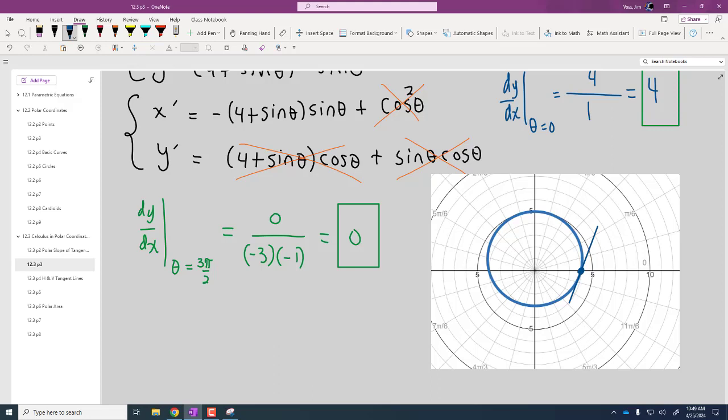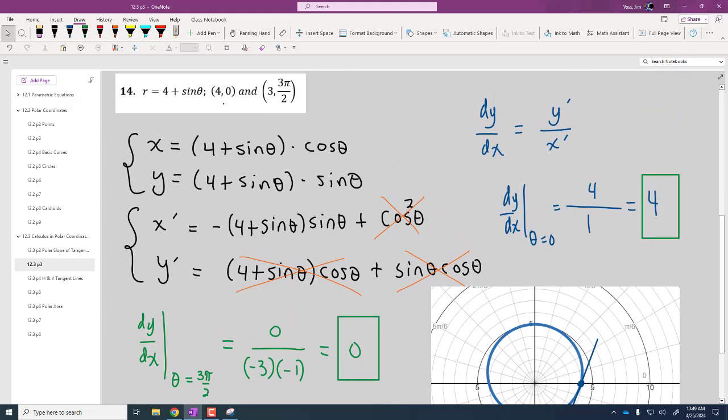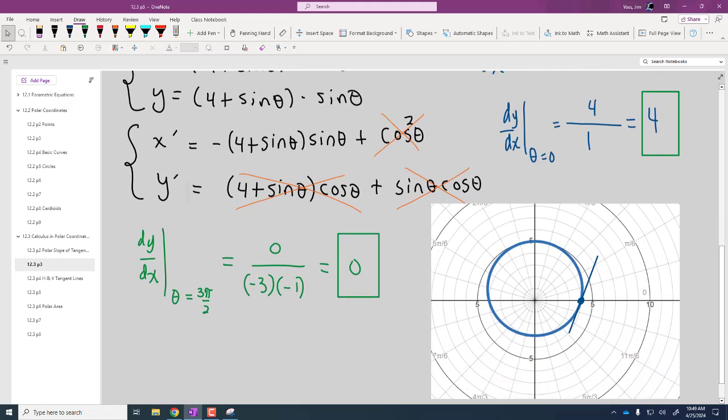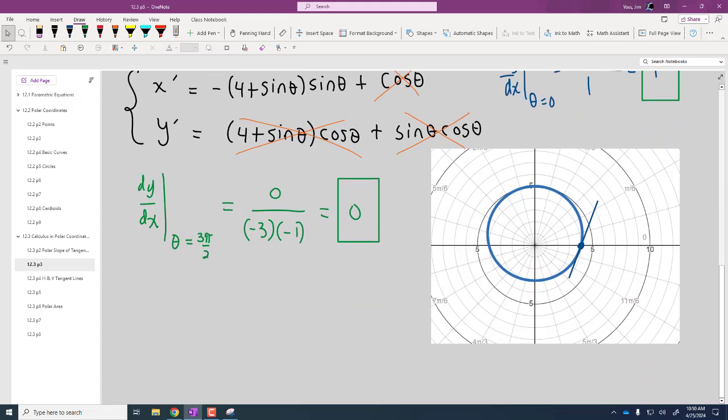So that makes sense. Second point is at 3 pi over 2, and then r of value of 3. So 3 pi over 2, that's this angle right there. And let's do this one in green. That's that one. So 3 pi over 2 is right there. We're 3 units away from the origin, so we're right there.